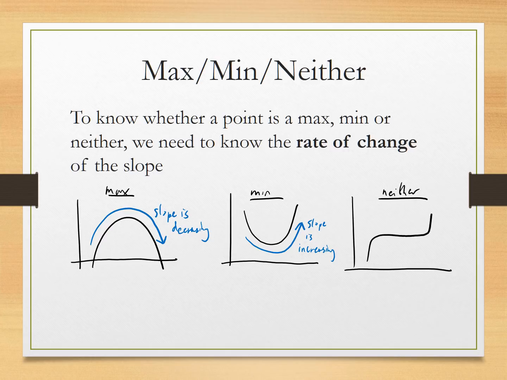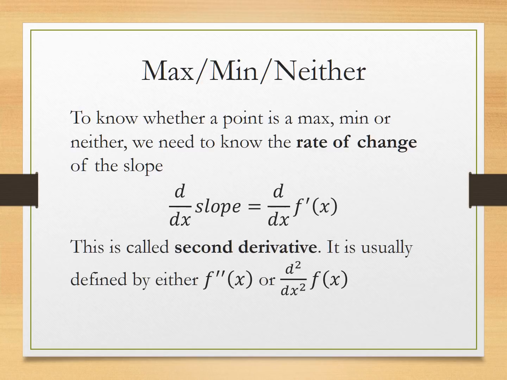And for inflection point, slope is flat, it's not changing. So that's how we figure out, is the slope increasing, slope is decreasing, or is it flat? That would tell us whether it's a maximum, minimum, or neither. And that's how you do it.